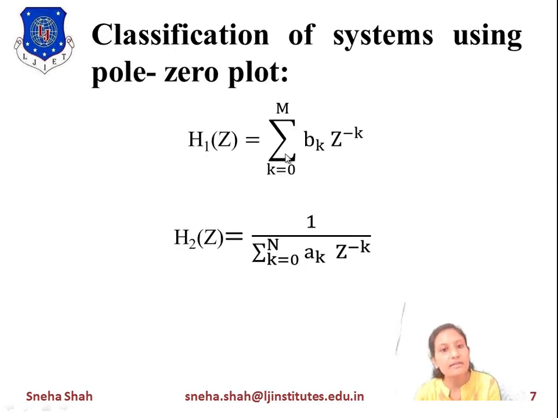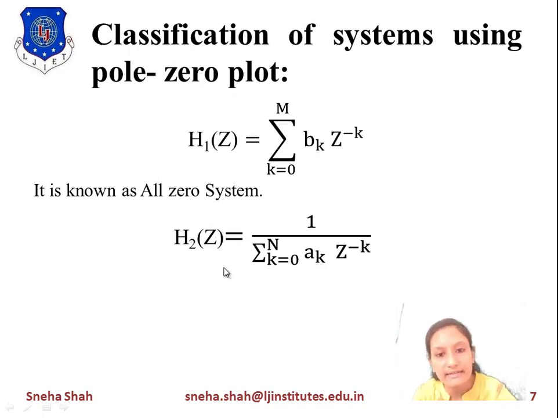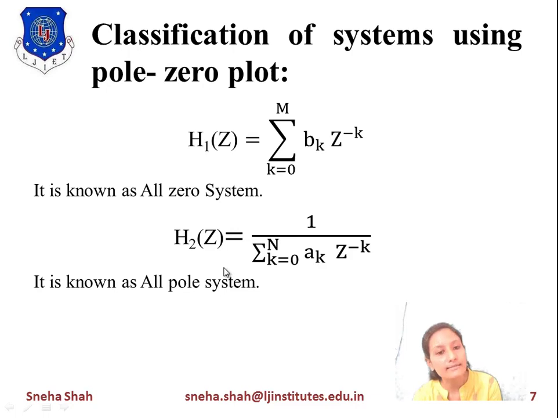Then h1 of z is summation k equals 0 to m of bk z raised to minus k, which is the numerator, and h2 of z equals 1 upon summation k equals 0 to n of ak z raised to minus k, which is the denominator. The first system has only a numerator, so it is considered an all-zero system. The second system is 1 upon something, meaning only poles are there, so it is an all-pole system. There is not a single zero, so it is considered an all-pole system.